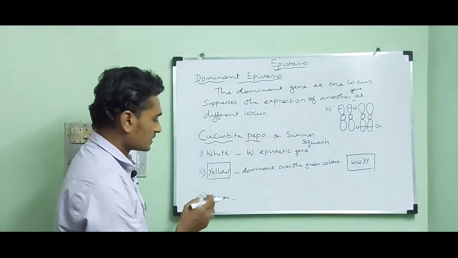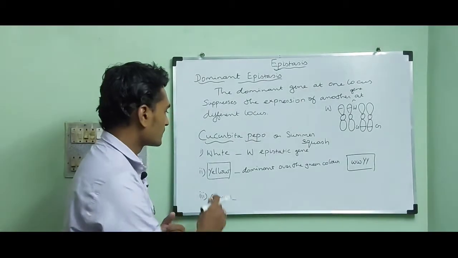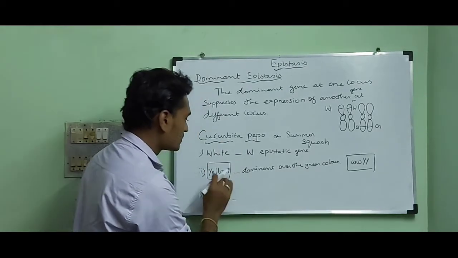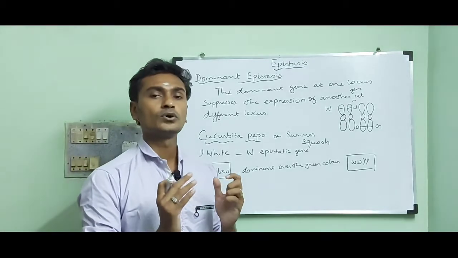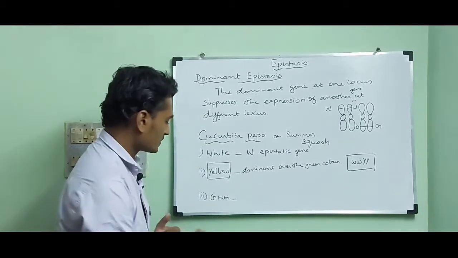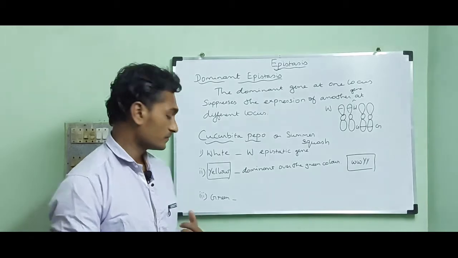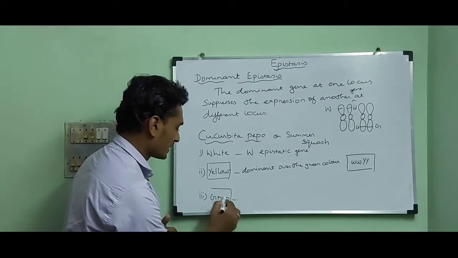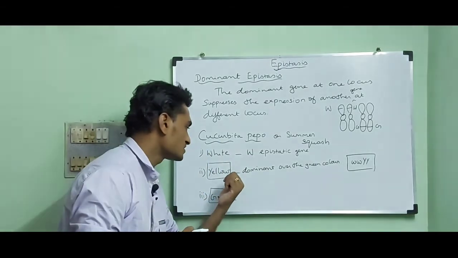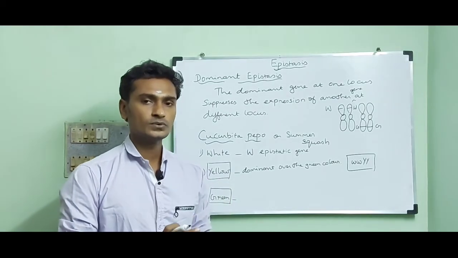Then the green color is formed when both the epistatic gene and the hypostatic gene are in homozygous recessive condition.